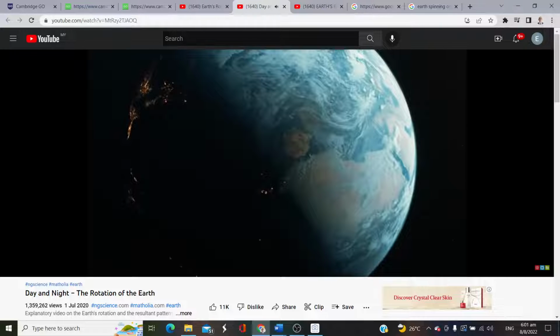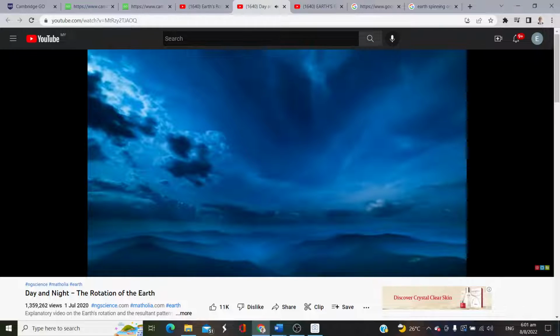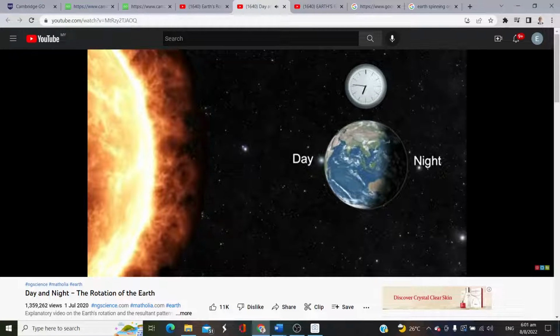This part of the Earth is in darkness and it is nighttime. It takes the Earth 24 hours to complete one rotation. The repeating rotation of the Earth is why we experience the daily pattern of day and night.